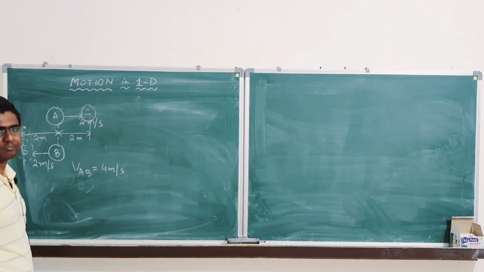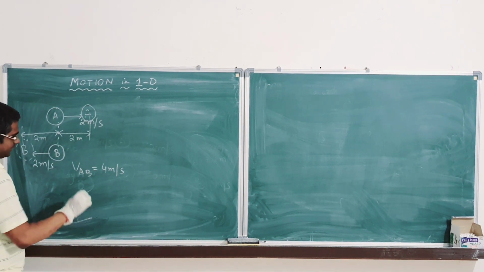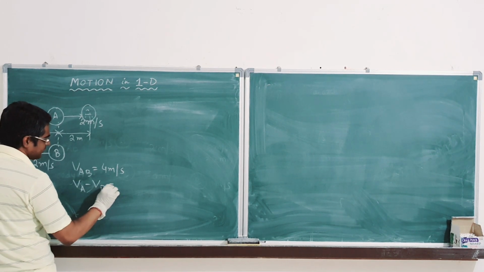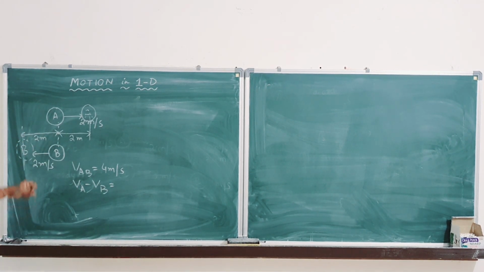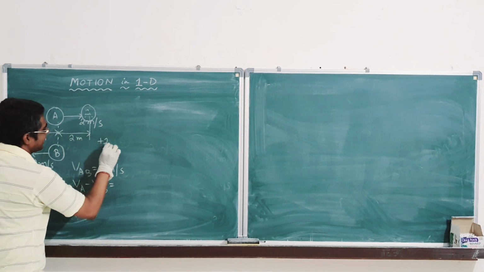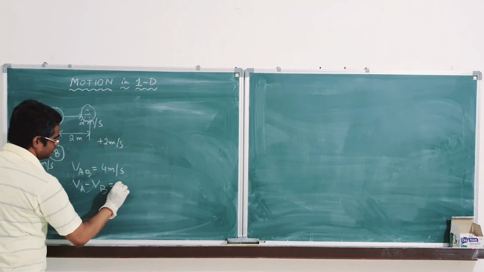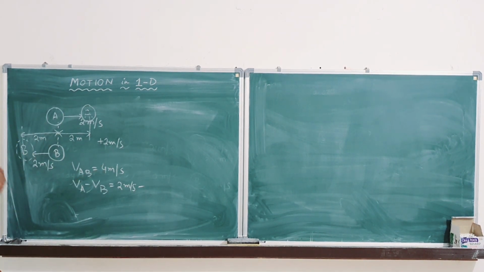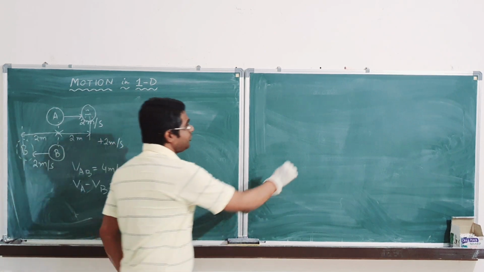How did it come? See how it comes. Did it come by this formula VA minus VB? Definitely it is not coming at this moment. See, when you are talking about velocity on this side, it is plus 2 meter per second. So 2 meter per second minus, when you are talking velocity on the opposite side, Cartesian coordinate, do you remember this one?